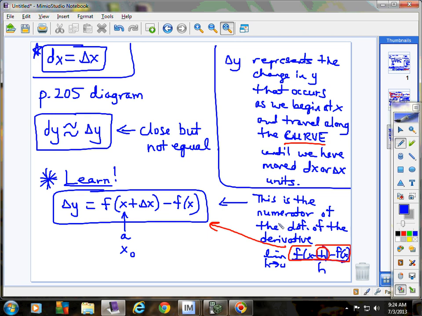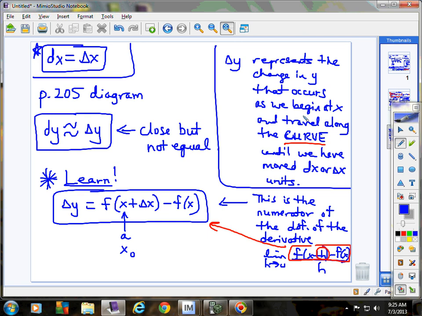So from that figure on page 205, delta y meant we stayed on the curve. We stayed on the blue curve. But dy, we were on the red tangent line, weren't we? So you've got to know where you are. If you're talking delta y, you are on the graph. If you're talking dy, you are on the tangent line.